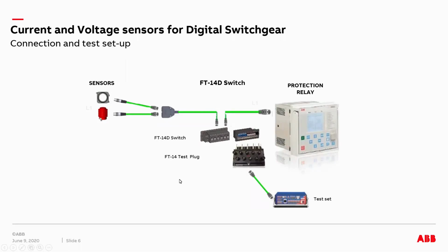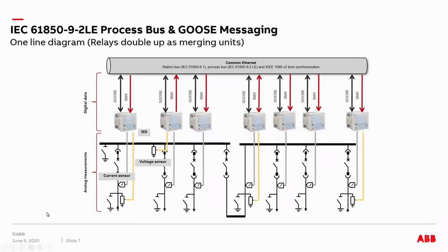Okay, so this is one aspect of digitizing the switchgear. What is the other aspect of digitizing? From the previous slide, we saw the sensors, the current and voltage sensor. Here in this one line, I want to spend a minute to explain what it is. Here is a main lineup with multiple outgoing feeders. Here is main 1, and there is a tie breaker, and there is a main 2.